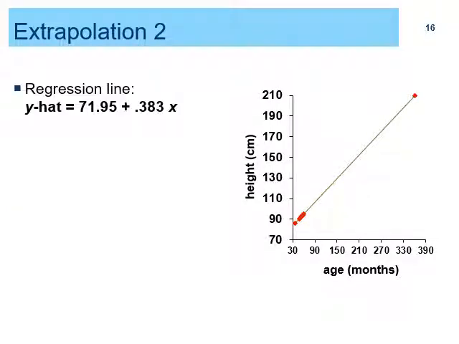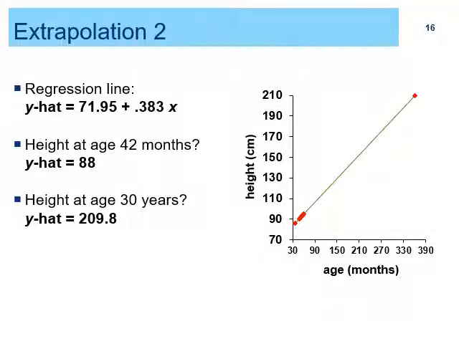For that, when we get the regression line, we got the formula y hat is equal to 71.95 plus 0.383x. When we calculated for 42 months, y hat is equal to 88, and when we predict height at age 30 years, that is 360 months, y hat is 209.8.